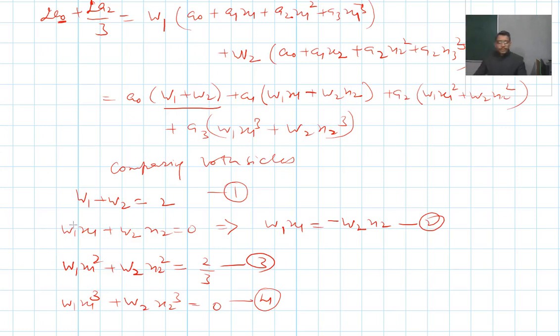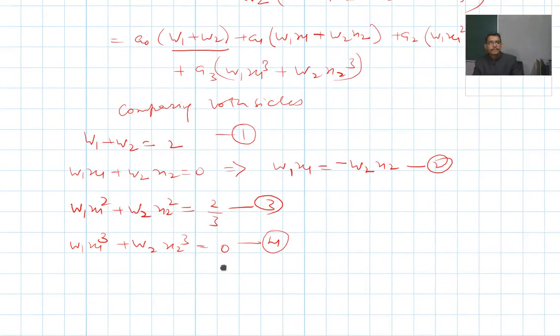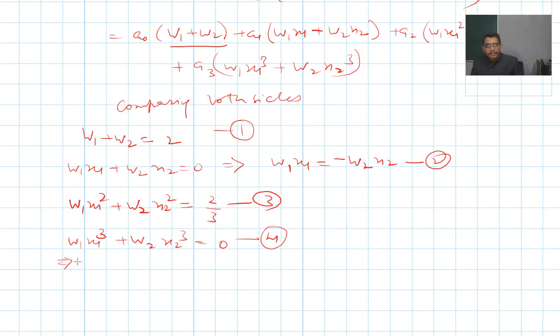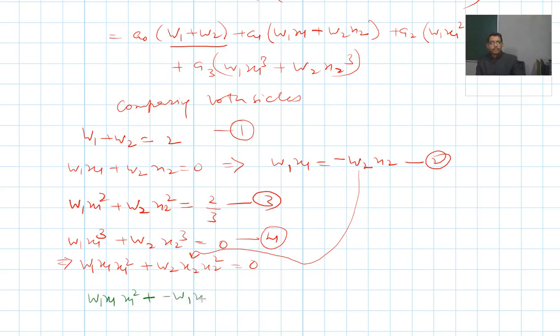So let us do one thing now. Let us write down this as w1 x1 square plus w2 x2 square... w2 x2 into x2 square is equal to 0, and let us put its value here. If I put its value here, then what I am getting is w1 x1 square minus w1 x1 into x2 square is equal to 0.